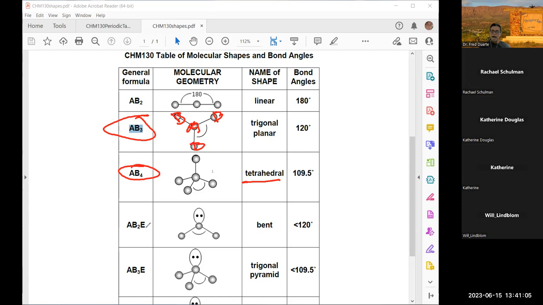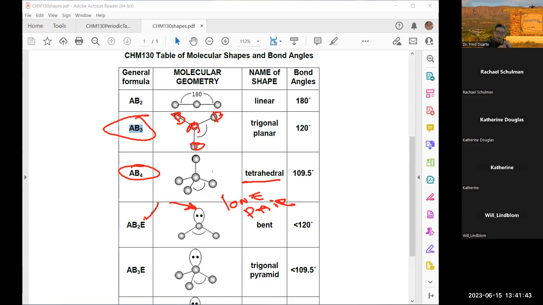And then E right here represents what we call lone pairs of electrons, denoted here by these two dots. There are examples of compounds that have lone pairs of electrons on the central atom.